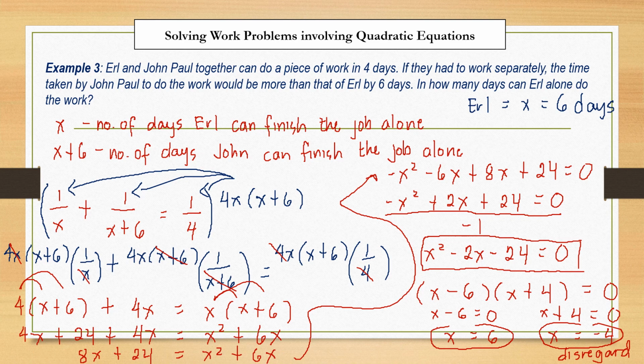While for John Paul, since it is represented by x plus 6, if x is 6, that will be 6 plus 6. We have 12 days. 6 days for Earl. And if John Paul will work alone, it will take him 12 days to finish the piece of work.